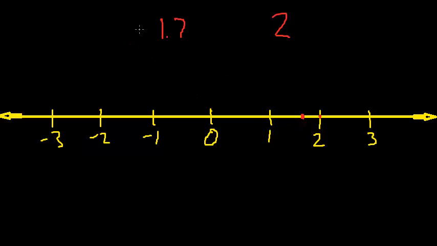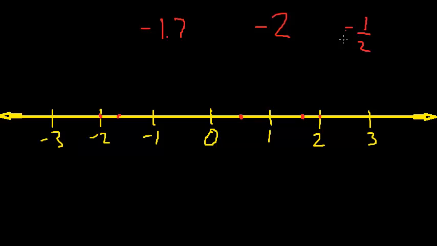I can also do the opposites of these numbers. The opposite is just the negative of each of those numbers. So negative 2 I would plot here, and negative 1.7 again would be between negative 1 and negative 2, closer to negative 2. Let's also go ahead and plot, say, 1/2. Again, 1/2 is going to be right in between 0 and 1.